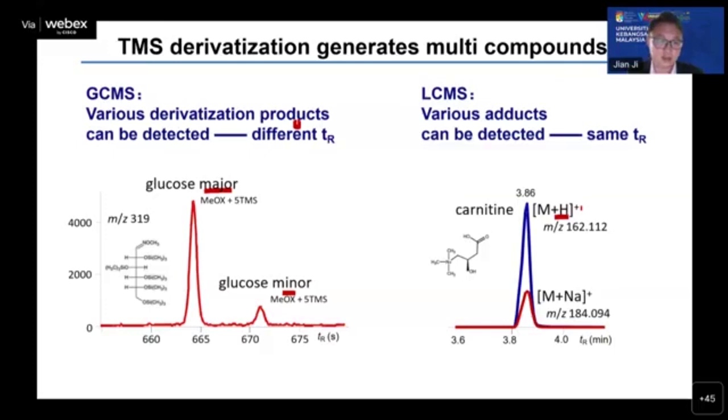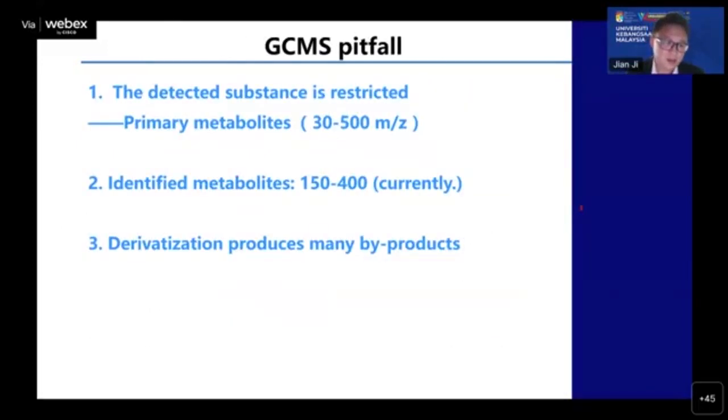So these are two differences. The derivatization will produce many byproducts in GCMS.